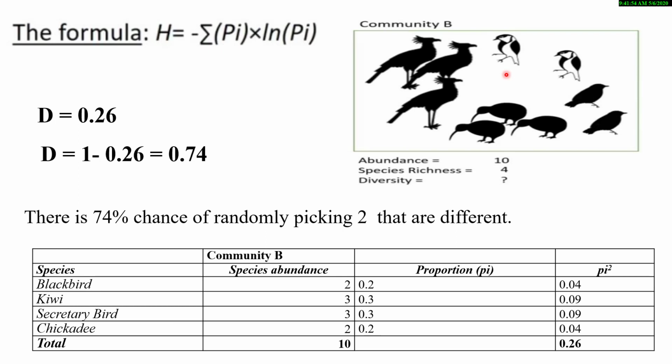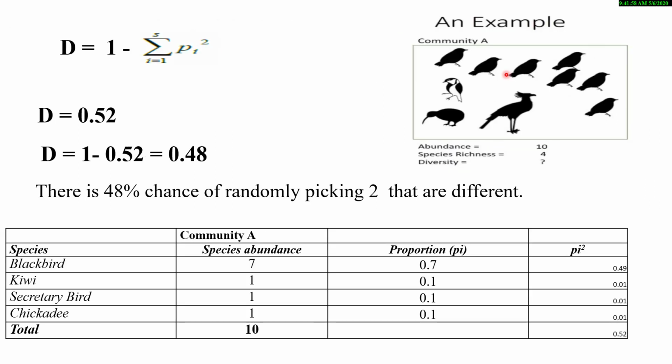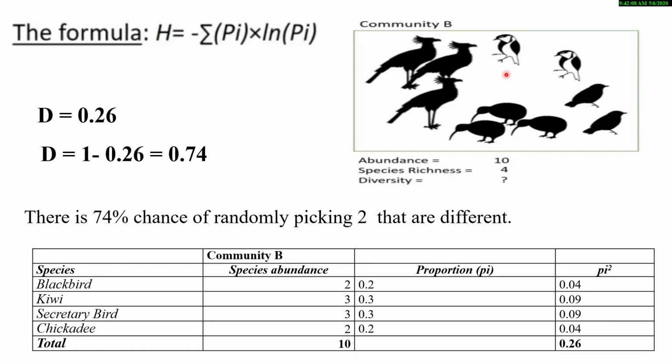Now, let us look at community B. So community A, what is the Simpson's index? The Simpson's index for community A is 0.48. Let us look at the Simpson's index for community B. The same procedure.